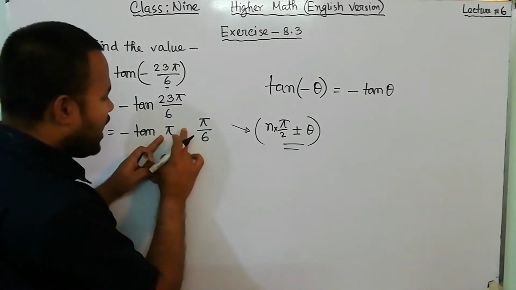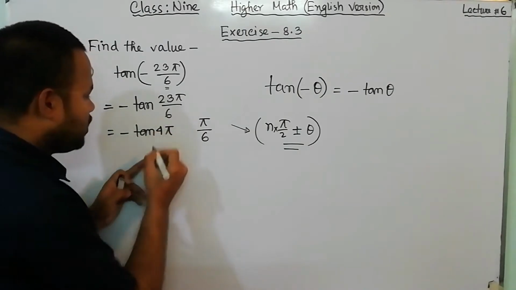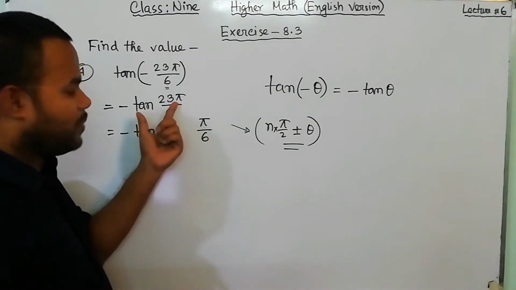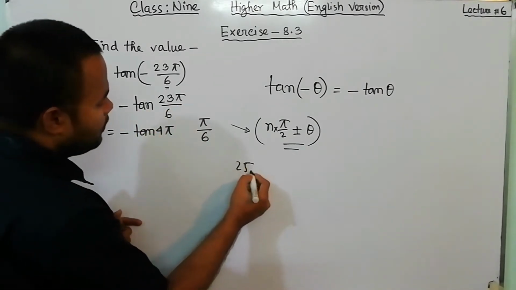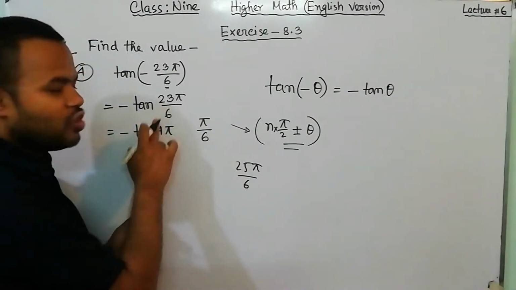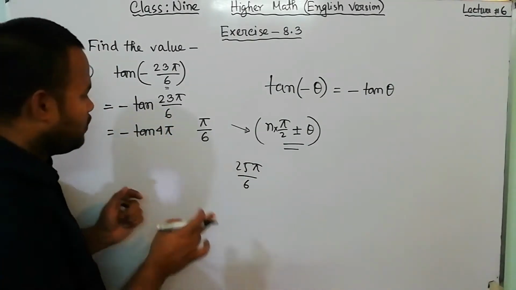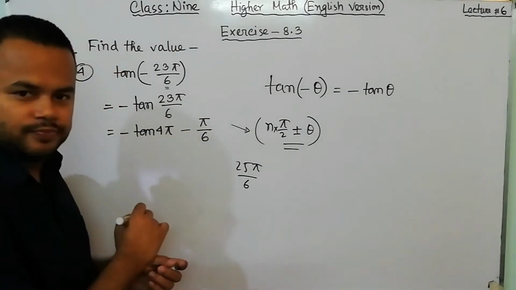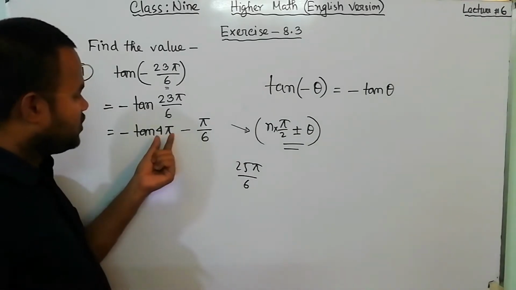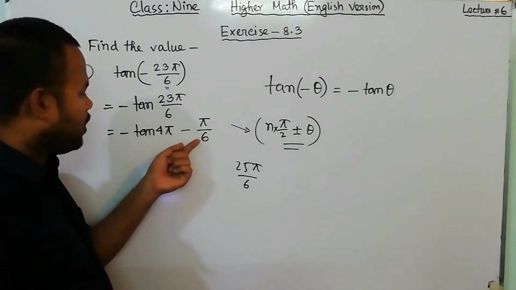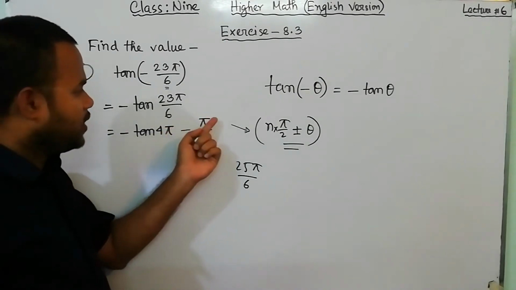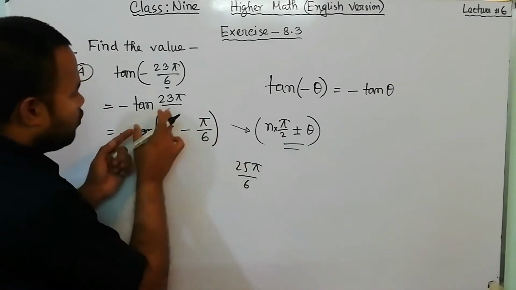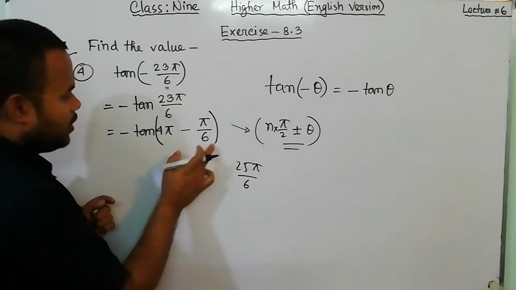If we add these two terms, putting 4 here, we have 25 pi by 6, but we need 23 pi. So here we have to subtract. Now if we subtract, then we have 4 times 6, that is 24, minus 1, that is 23 pi.